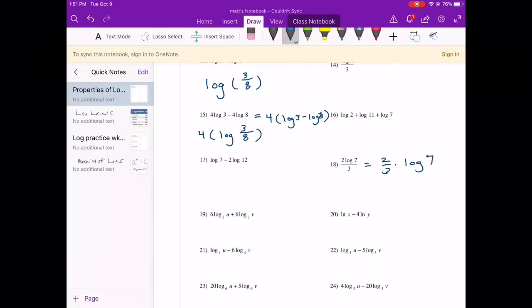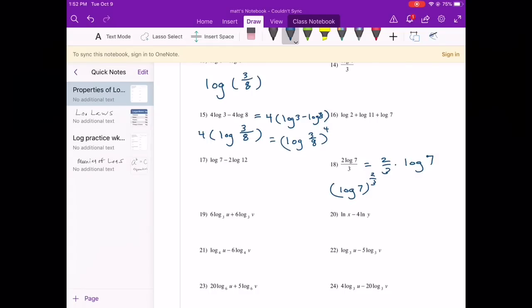So that 2/3 is going to remind me that I'm going to have an exponent of 2, as I should have done in 15. My last step there should have been log of 3/8 all raised to the 4th power. So that would have been finishing off 15 correctly. So I'm going to do something similar with this 2/3 here. So I've got log of 7, and all of that is raised to the 2/3 power to deal with what I multiplied by.